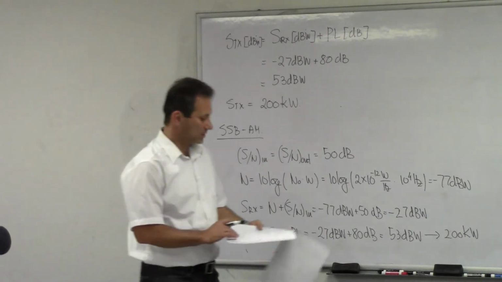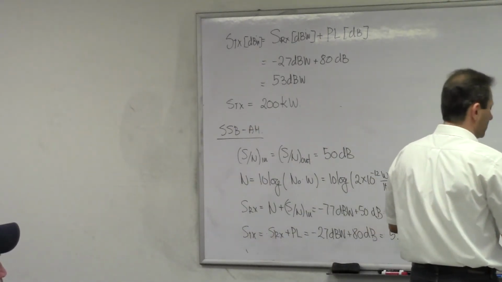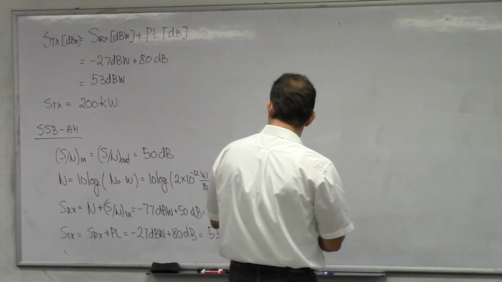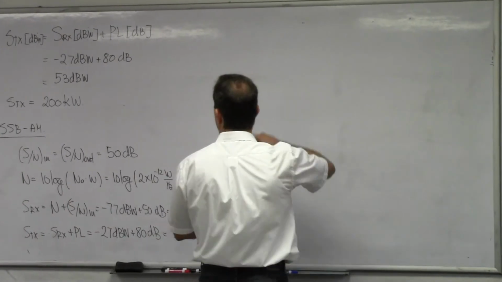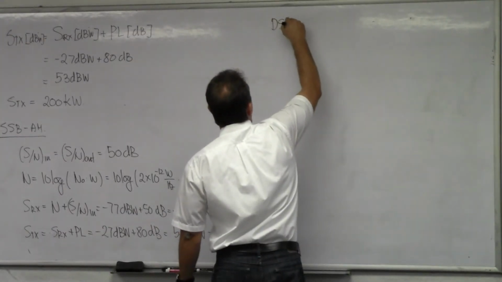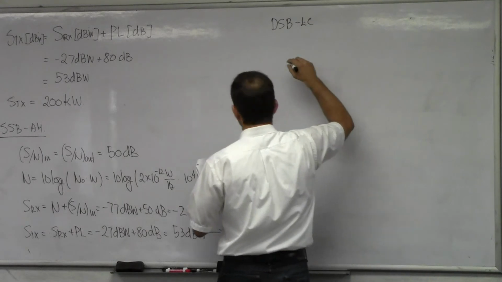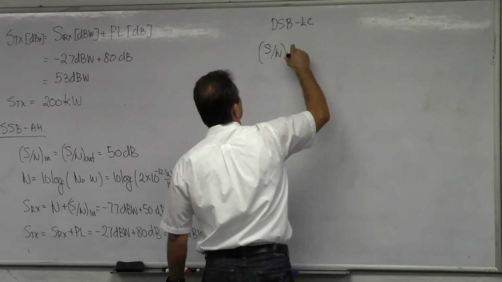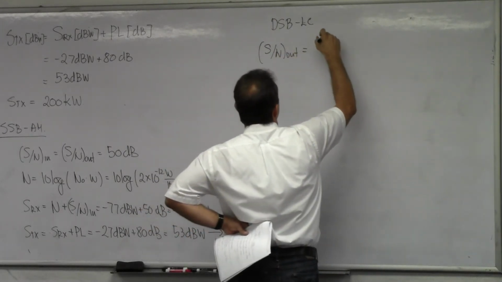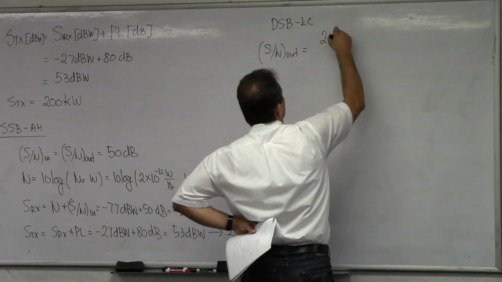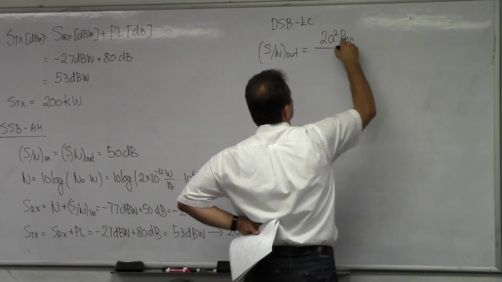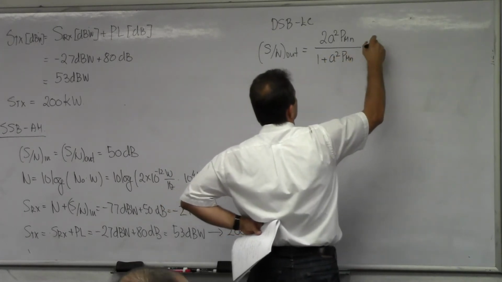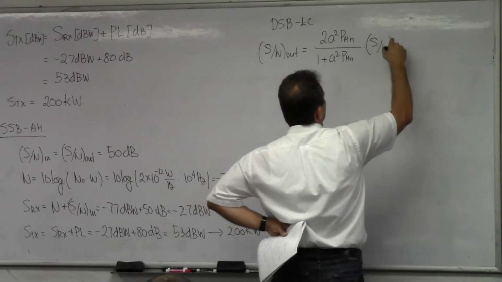The last one I'm going to consider here is double sideband large carrier. Let's look at that guy. Here we have that the signal to noise ratio at the output is equal to 2 times a squared power of the message normalized, over 1 plus a squared power of the message normalized, times the signal to noise ratio at the input.